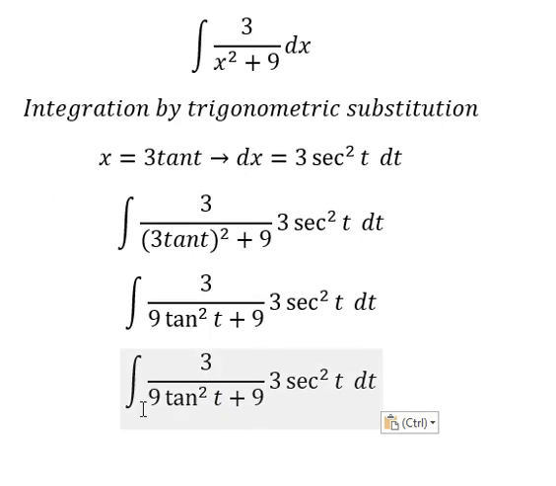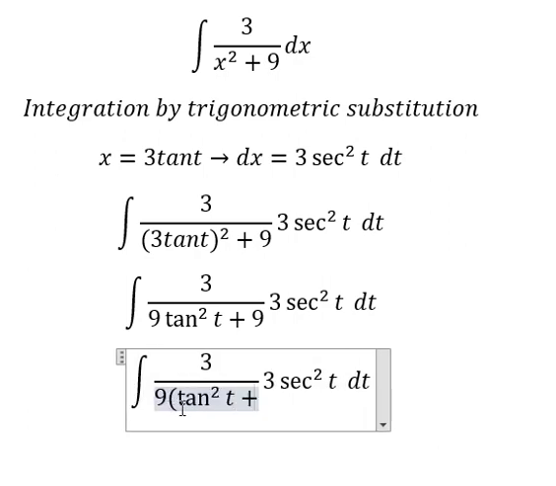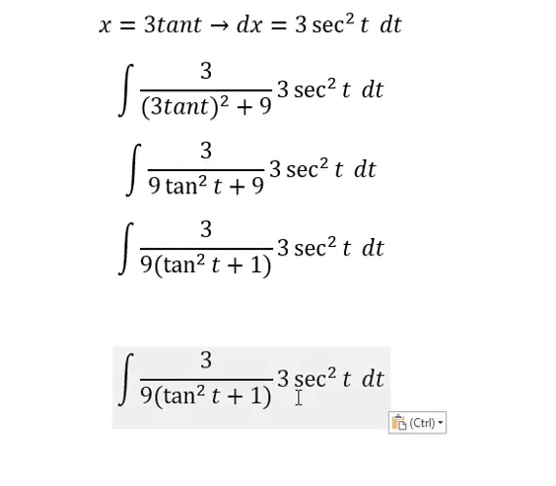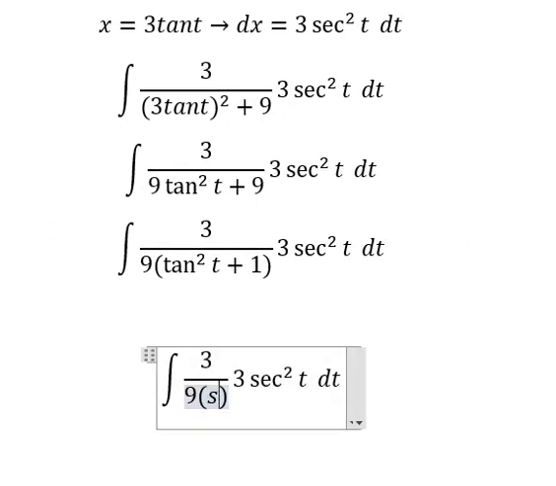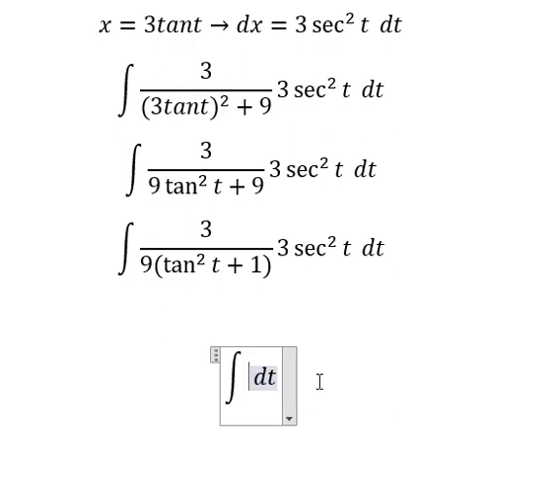So 9 and 9 we can do factorization. This one is secant of t squared. And now we simplify this one, and we just have dt.